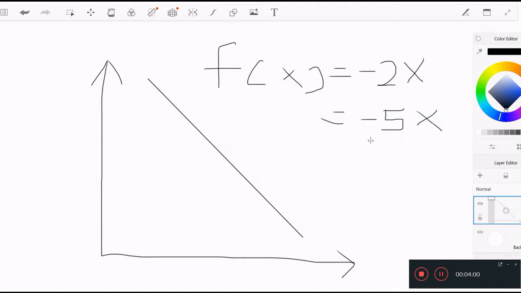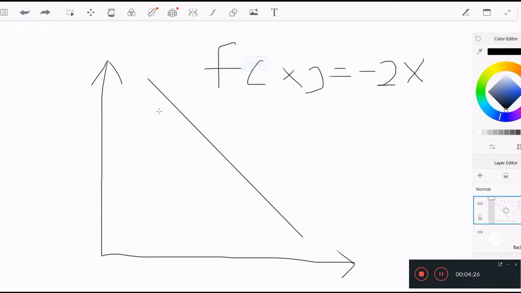If the value is negative, the graph is going down. Whether the value is 2, negative 5 or negative 10 depends on the graph.